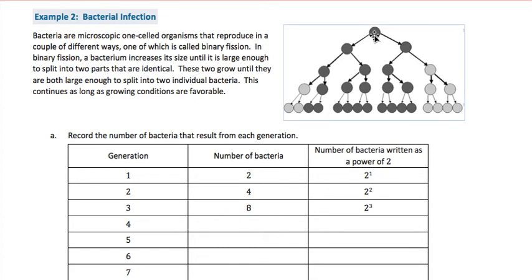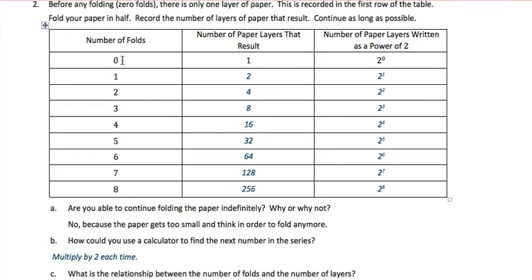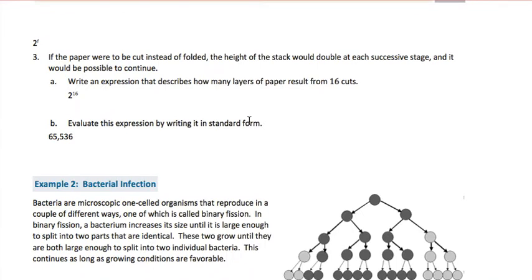So as we see in the diagram, it starts with 1 bacteria. Okay, so we actually have not shown the 0 level before it has split. But if we were to show the 0 level, remember in our last table, let's scroll up here, before there were any folds at the 0 level, 2 to the 0 power was 1 paper layer, because we had to start with 1 piece of paper.